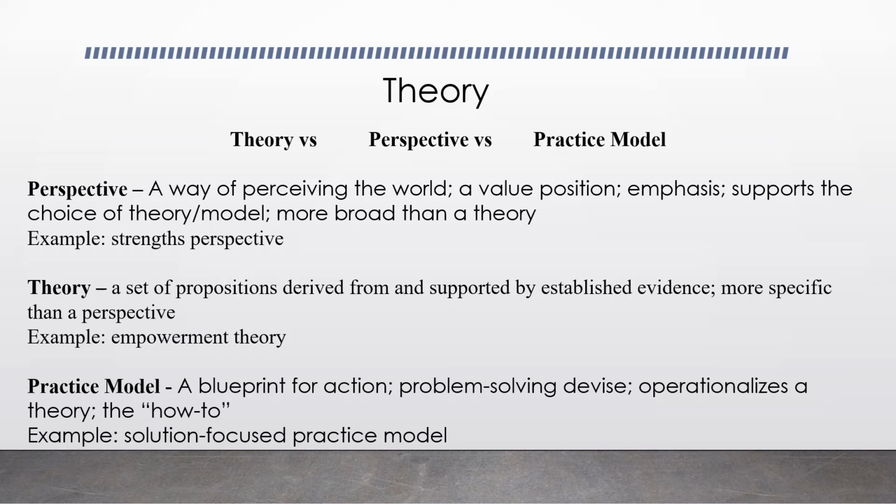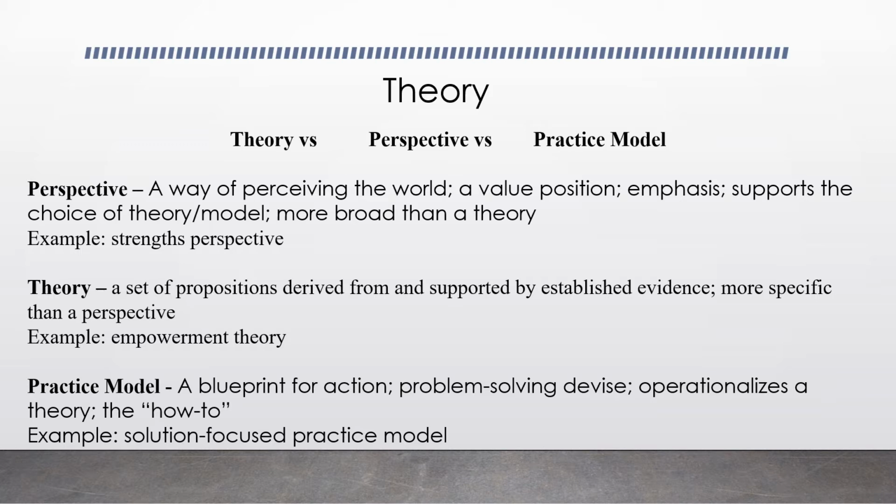And I just want to make a distinction between a perspective, theory, and a practice model for you to help contextualize this a little bit more. So a perspective is a way of perceiving the world, a value position, an emphasis, and it supports the choice of a theory or a model. So it's more broad than a theory. So for example, the strengths perspective, which we talked about in the previous class.